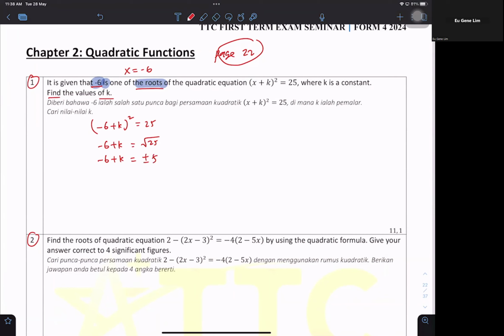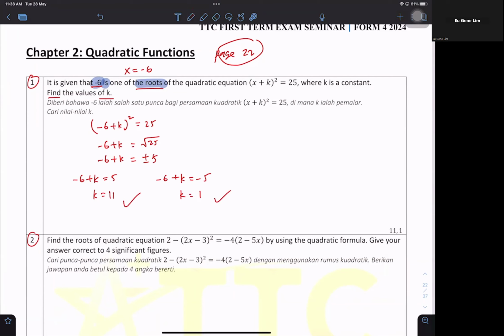Whenever you square root, you have to put plus minus, meaning it can be 5, it can be negative 5. So we do it separately, and you get two answers. Done.